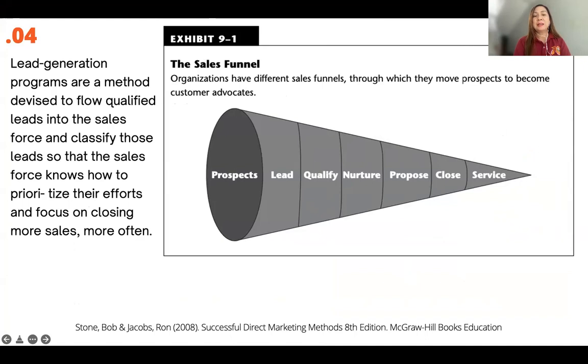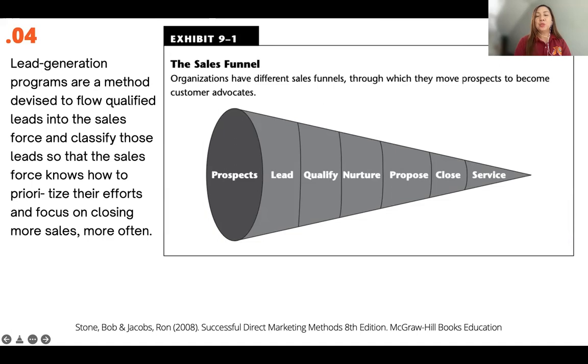As you can see in the funnel, on the left side is the prospect, or your lead target consumers. So that's the process or the system that you have to follow, just in case you're going to use a different media or channel in direct marketing. Once you got the lead, for example if you're going to use direct mail, that's the time you have to qualify those customers.